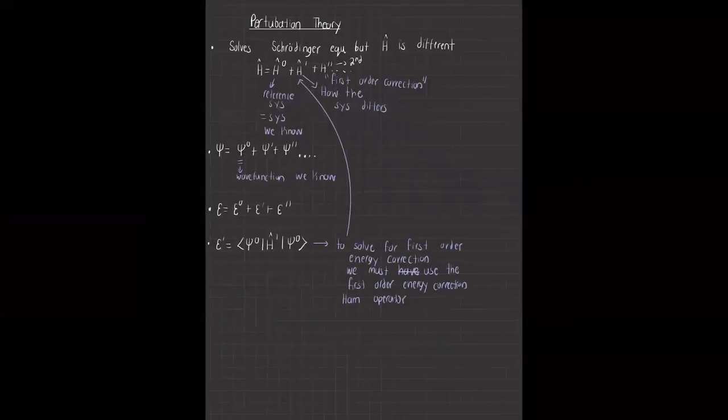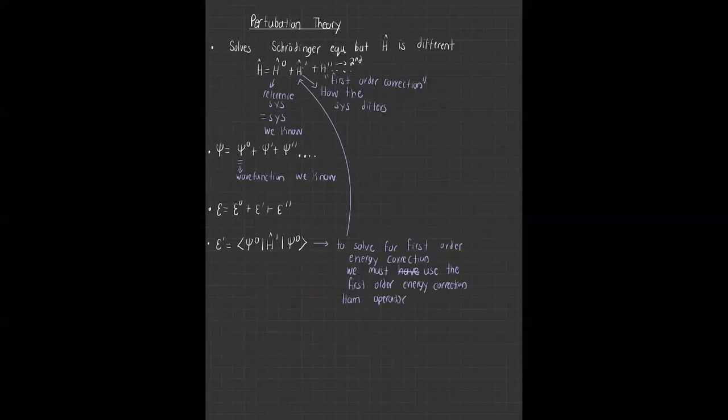Okay, perturbation theory. Perturbation theory is basically like, the Hamiltonian we have can't accurately describe the system we have, so we have to add another term. In this case, it's the first order correction, which corrects the Hamiltonian we have currently. So this is the first correction Hamiltonian.